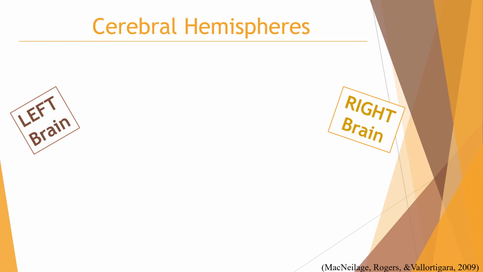It's very cool with this right versus left side of the brain theory, because this has been a topic of many different research experiments. One in particular that I like to highlight is the origins of the left and right brain by McNeilage, Rogers, and Vallortigara.